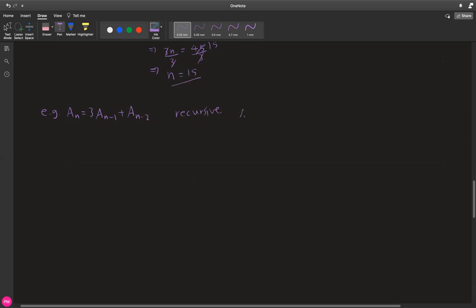In this case, a sub 1 is given as 3, and a sub 2 is given as 3 as well. The reason you're given the first few terms is because without the first term and the second term, you won't be able to find a third term. Also, without this, you wouldn't even know how to find the first term because there is no such thing as a previous term to the first term.